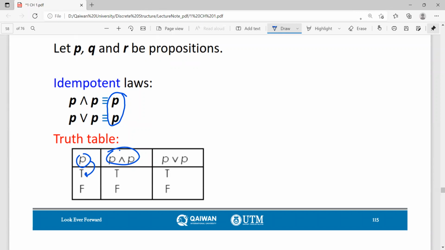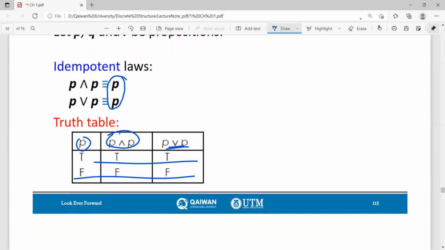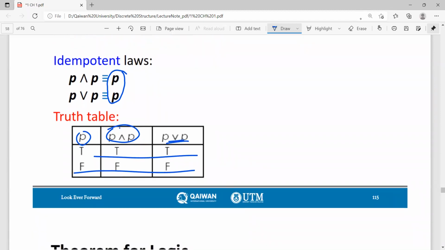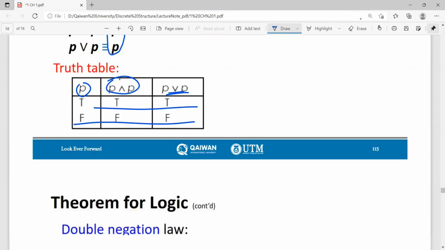That is T and T, true and true is true, false and false is false. And for or, true or true is true, false or false is false. In both cases, you get the same. All the columns are the same: all true and all false. That means if we connect a proposition with itself by or, and statements, we get the same result.